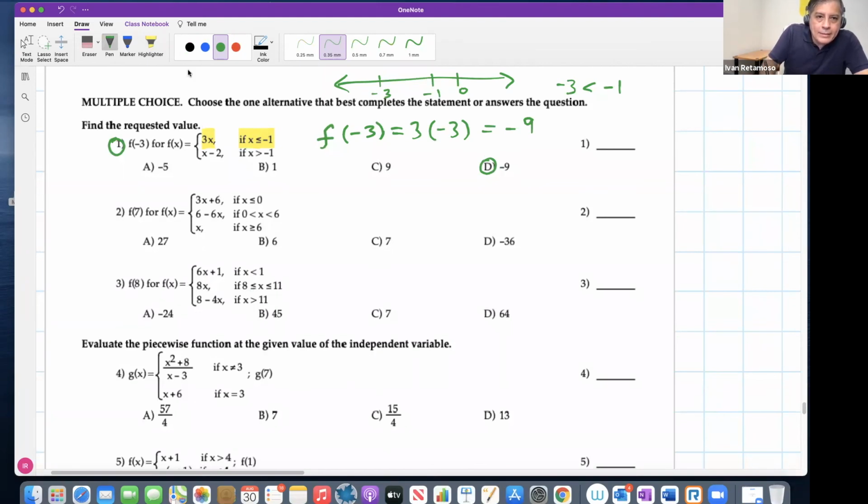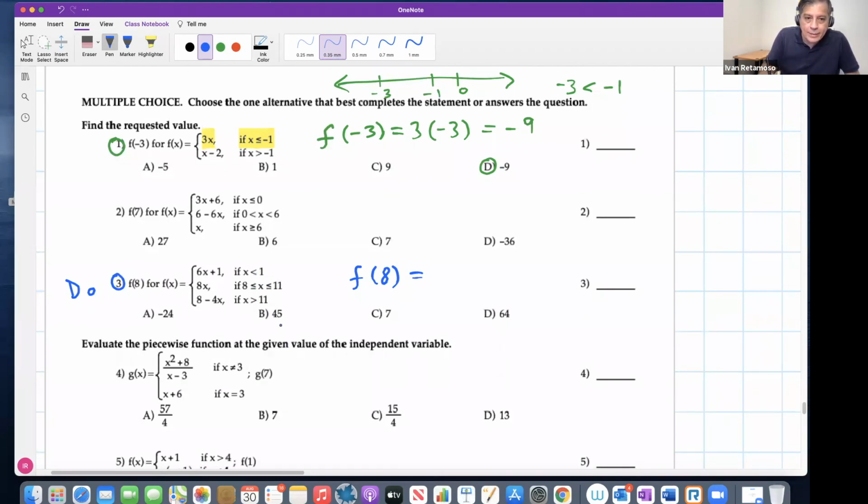Can you try this, number 3? Find f of -8. And try to see in which of these intervals -8 is, right?